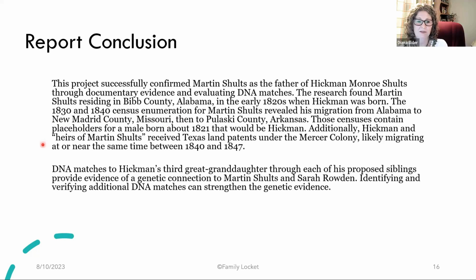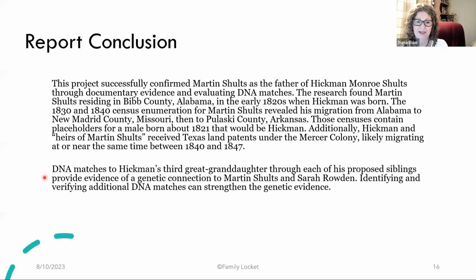Additionally, Hickman and heirs of Martin Shults received Texas land patents under the Mercer colony, likely migrating at or near the same time between 1840 and 1847. So I fleshed out the land records a bit, never did find anything that actually said Hickman as the son of Martin, but got him in the right place, found a place for him in the family.